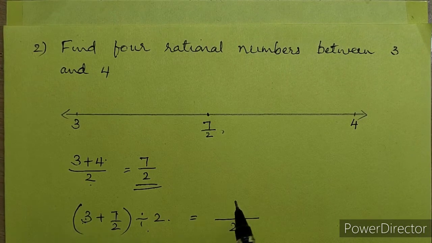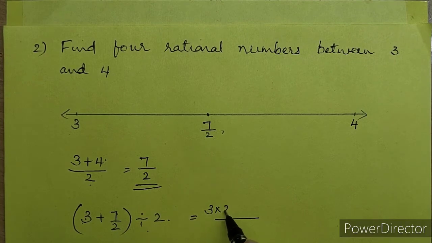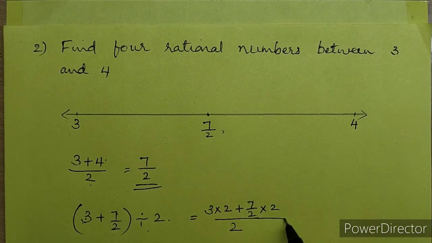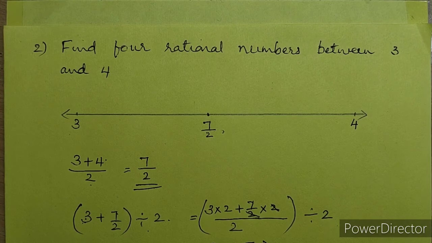Each number you have to multiply with the LCM. That is 3 into 2 plus 7 by 2 into 2, divided by 2. Don't leave this 2. So 3 into 2 is 6, plus the 2 and 2 you can cancel, 7, divided by 2.